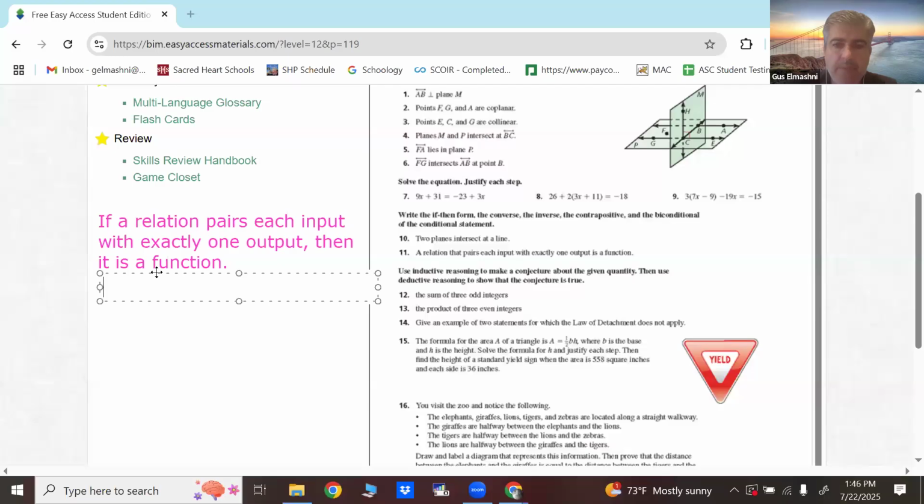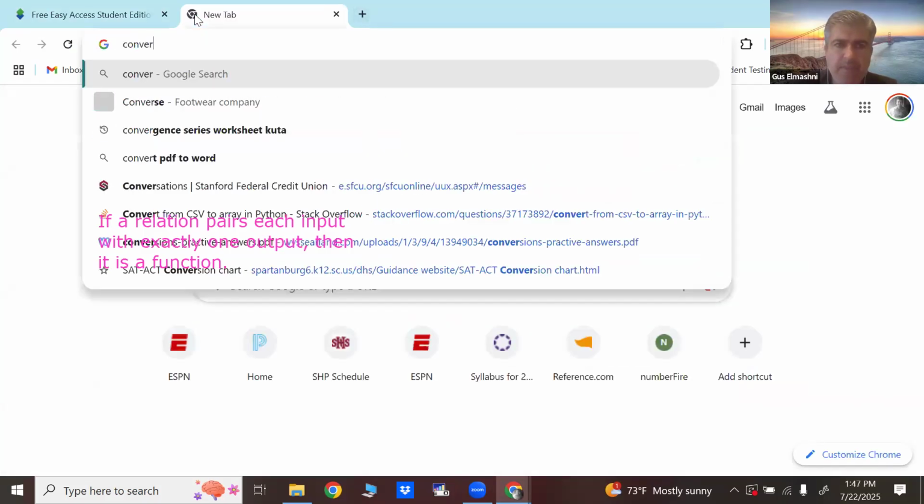Now, as the converse, you just reverse it. If it is a function, then the relation pairs each input with exactly one output. That would be the converse. But sorry, let me take it back. I think you just reverse it. Hold on, or you negate.